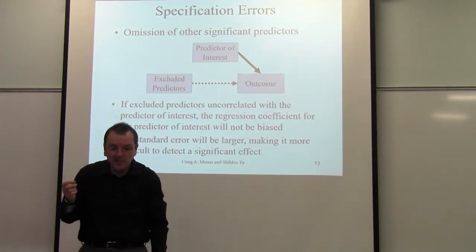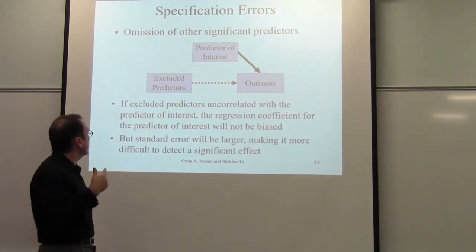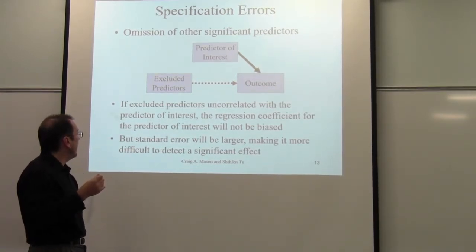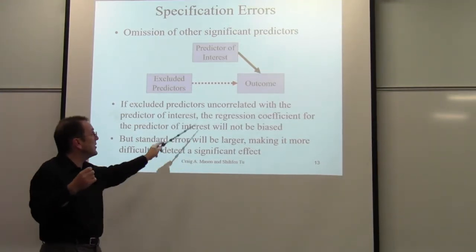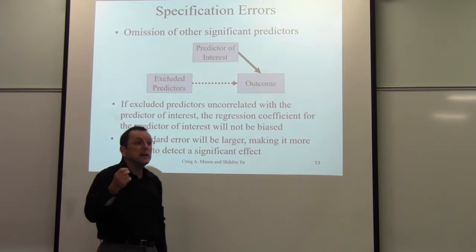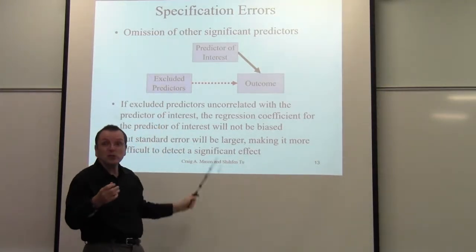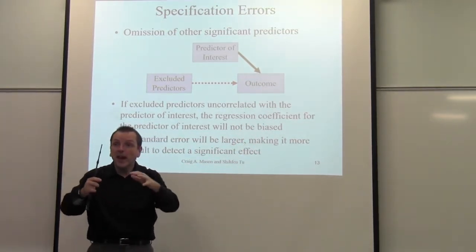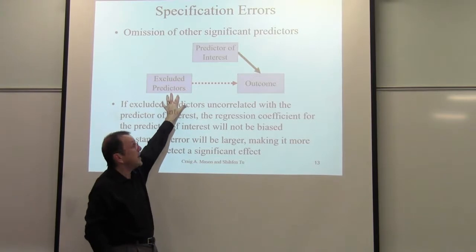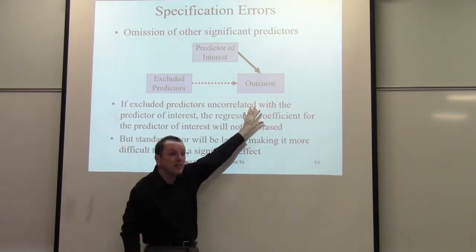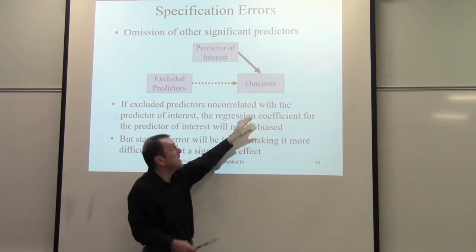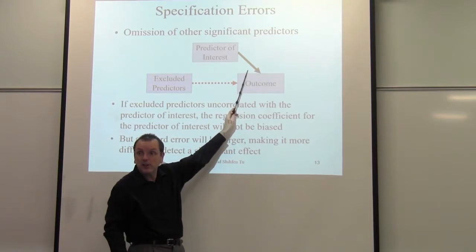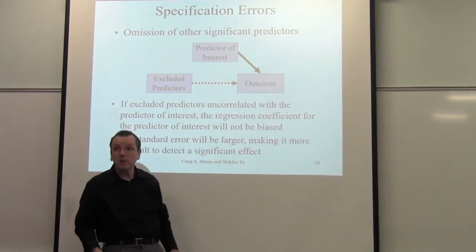However, it's not quite that easy. It's not quite that convenient. By excluding it, your standard error here will be larger. If this accounts for a lot of the variance in the outcome, and you've got these other predictors that can take a big chunk out of the variance in the outcome that's unrelated to this effect, it becomes easier and easier to detect the effect of your variable.